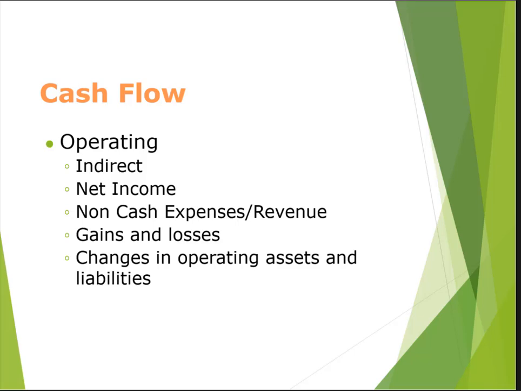All right, the most involved step, the one that takes the longest, is the changes in operating assets and liabilities. Quickly, the definition of an operating asset or liability is one where changes to that asset or liability impact net income. That's the technical definition. Typically, what our assumption will be is that current assets and current liabilities are operating assets and liabilities, unless we have a reason to believe otherwise.